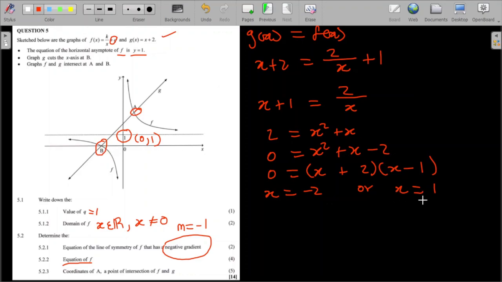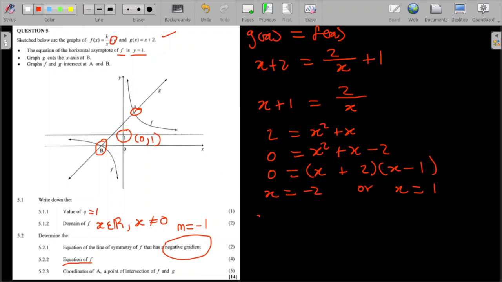Now this x equal to 1 is this point that we have here at A. So we know the x there is 1. Now let's go and find the y. So we're going to substitute it here. You can substitute in either one of the equations, but let's choose the easiest one, which is g of x.